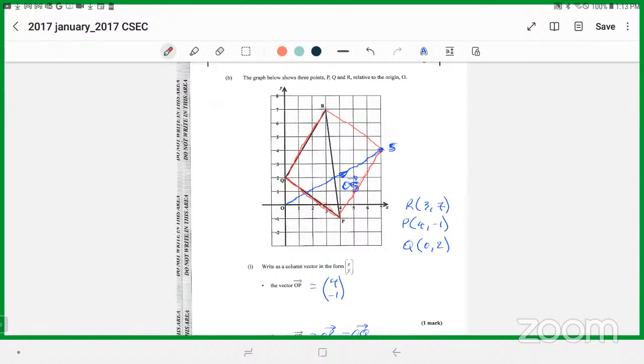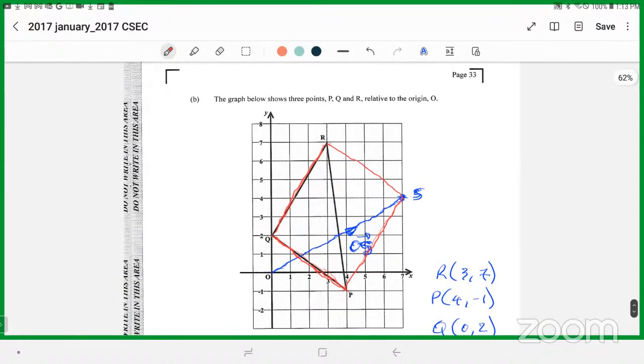So, if that is a parallelogram, what will happen is that this vector from P to Q will be equal to the vector from S to R. And the vector from Q to R will be equal to the vector from P to S. That's what you have to show. So if it's a parallelogram, let's write it out.